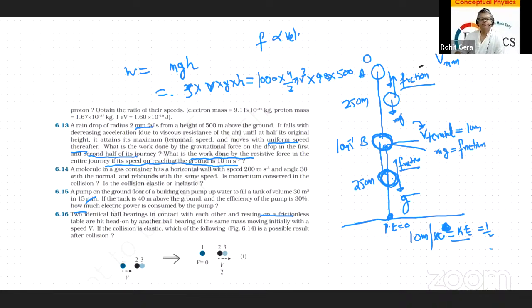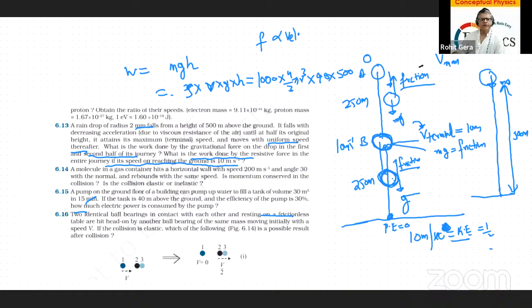The height through which it has dropped is 500 meters in all. So gravity will always keep acting, right?